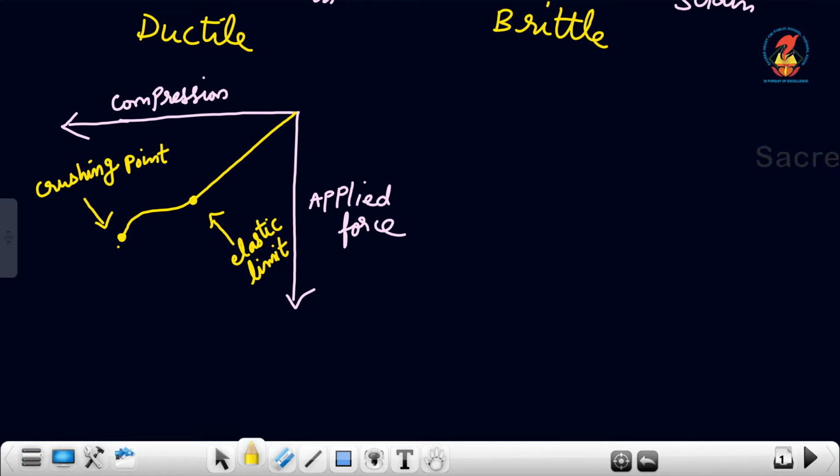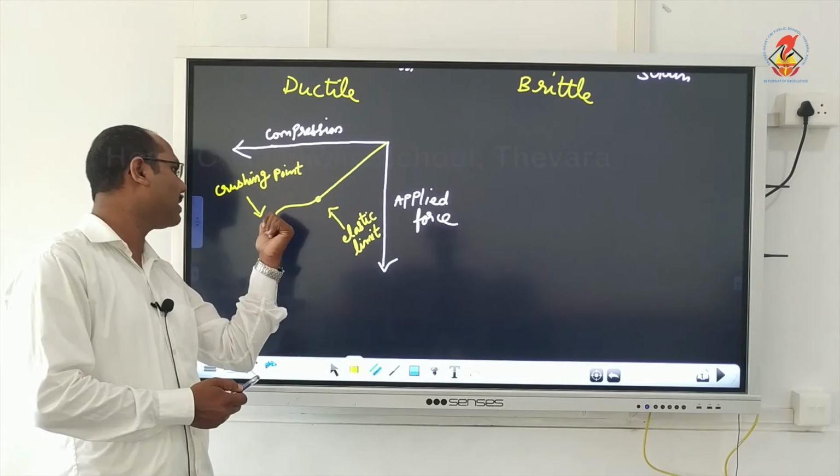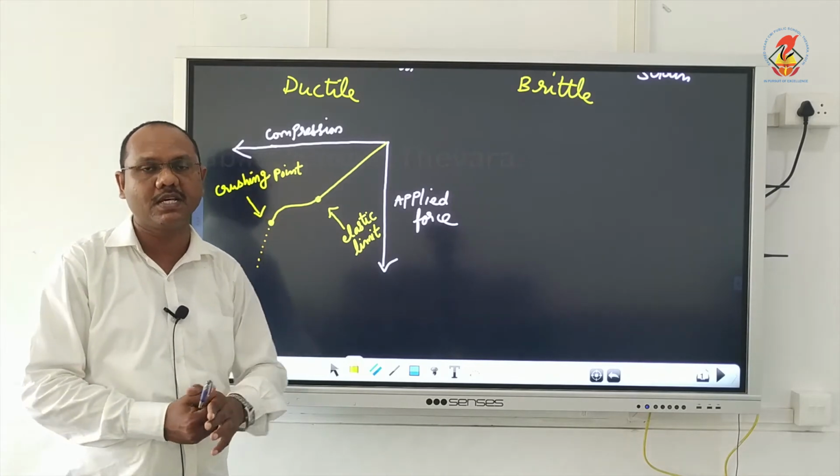After the crushing point, the body will be perfectly malleable. So till here it is elastic. After that the elastic nature is over, but there is a region called the crushing point when we compress.